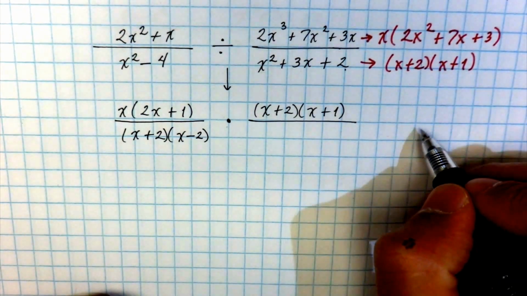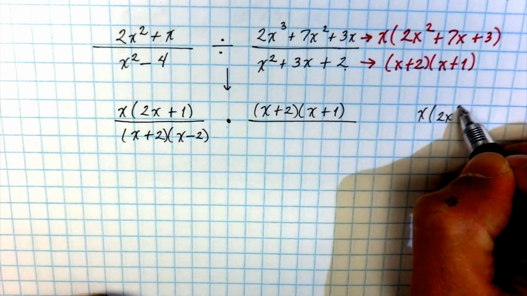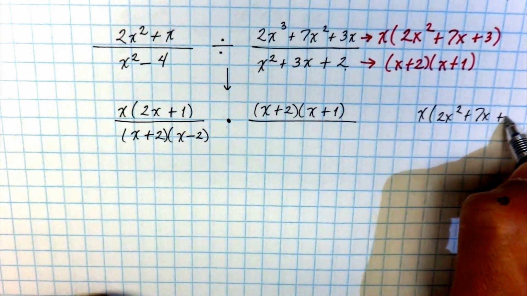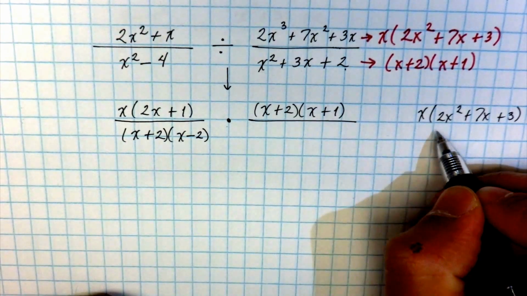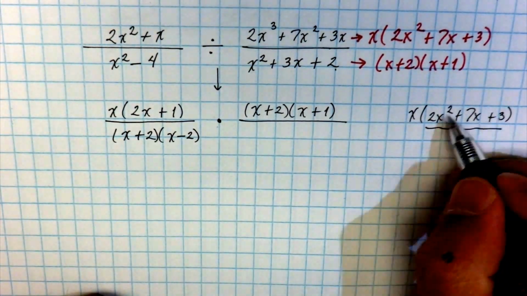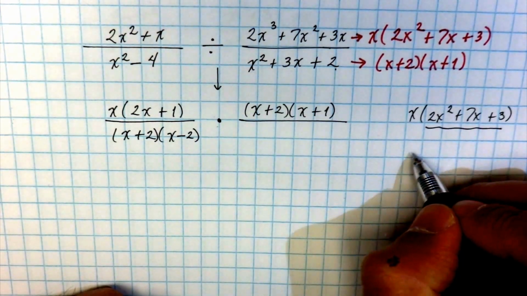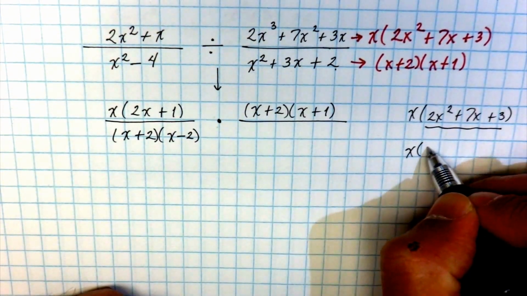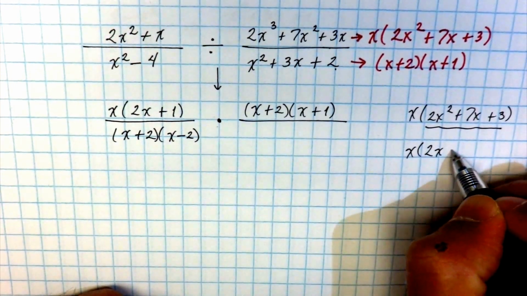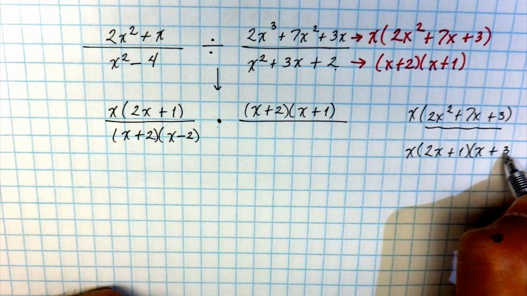Let me go ahead and put it down here. So we have x times 2x squared plus 7x plus 3. You want to go ahead and factor this trinomial now. If you do it correctly, you should get the x on the outside, then 2x plus 1 and x plus 3.